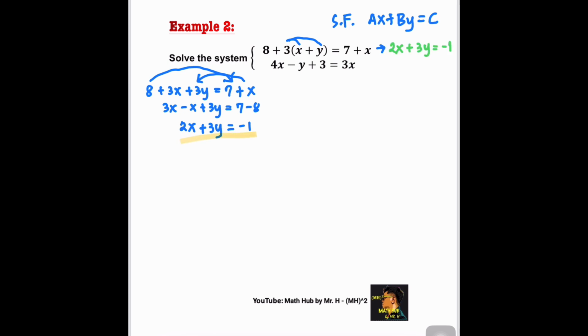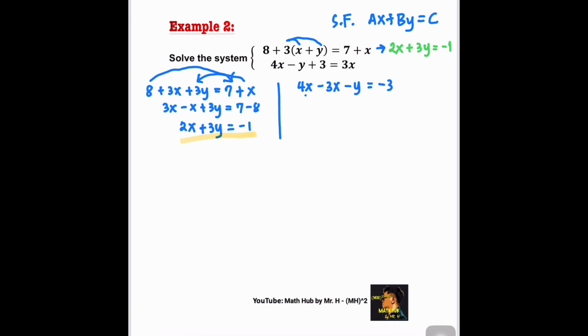All right. So equation 2. So 4x copy. 3x jumps over to the left-hand side, which will make it become negative 3x. Negative y stays on the left, copy. However, 3 positive will jump to the right-hand side, which will make it negative.